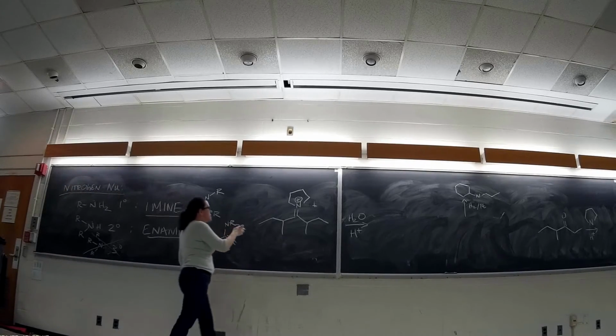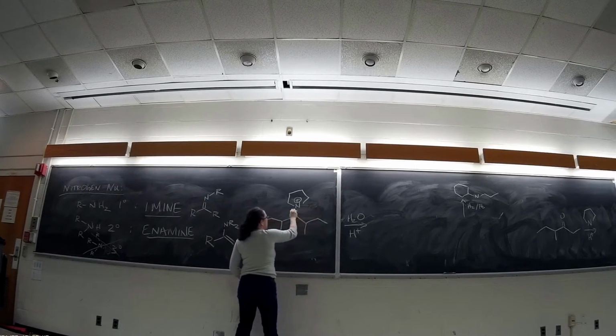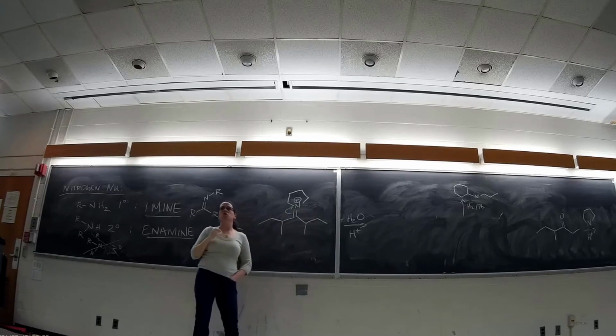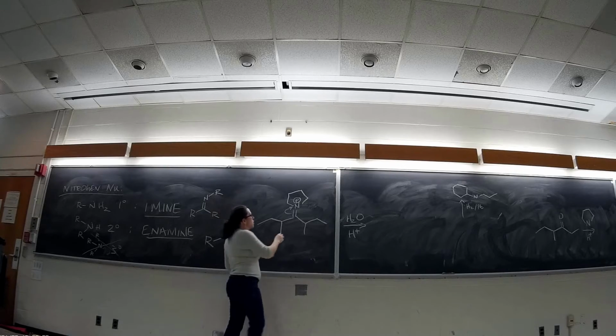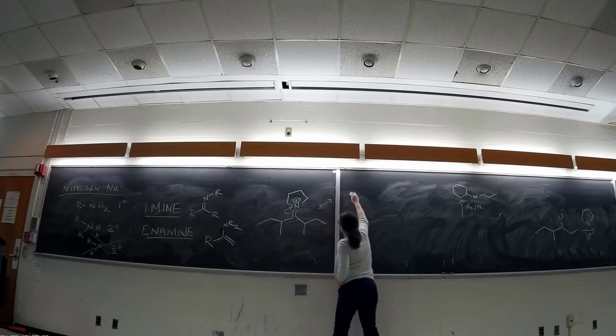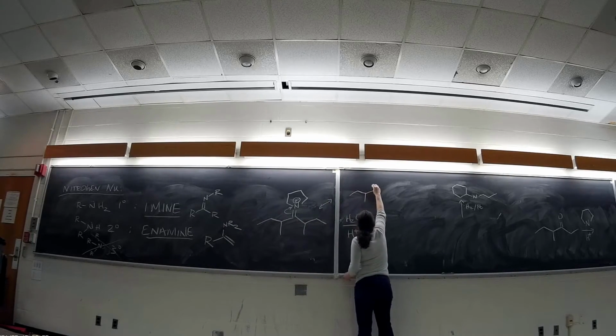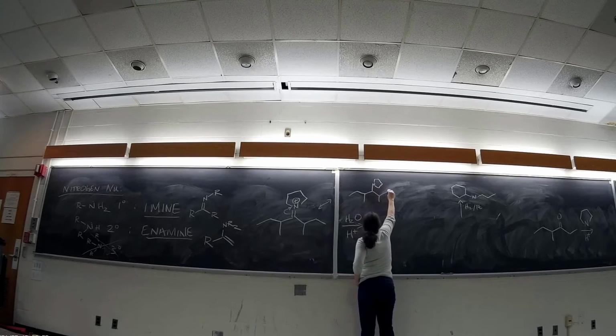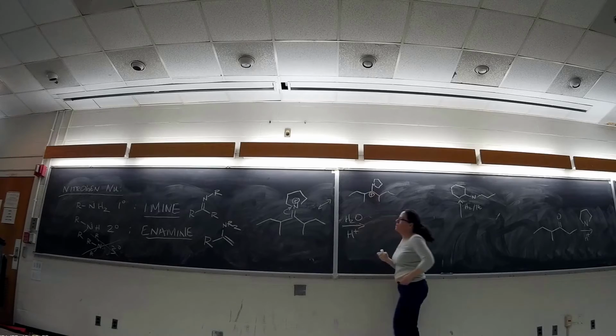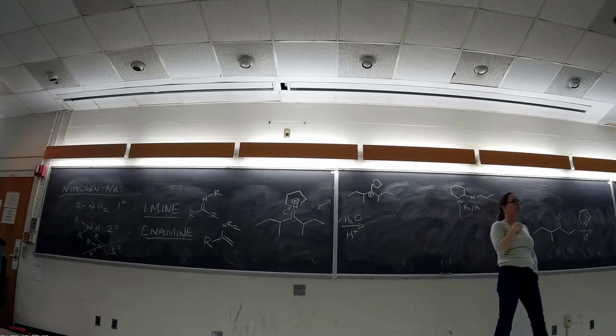The first thing you might want to do to see what might happen is to show the resonance structure. So the resonance structure of this looks like this. There's my resonance structure.